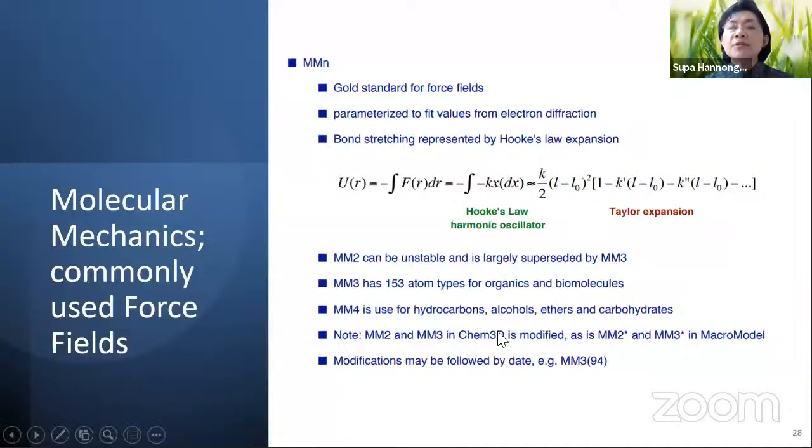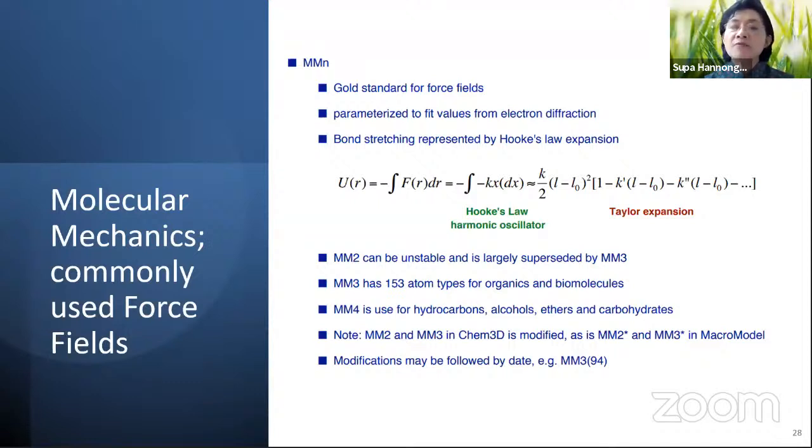It is the name of the program package. Okay, and MM2 star and MM3 star are installed in MacroModel, also the name of a program package. This is just information to tell you that molecular mechanics has always been developed into better and better.